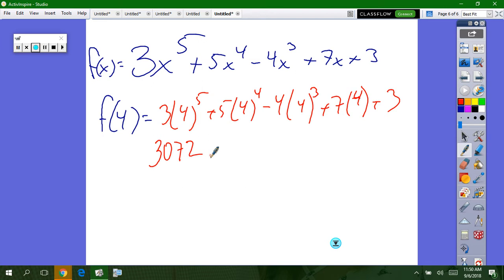I don't know why I'm struggling. 1280. That right there is just 256. That's just 28 plus 3. What does that come out to be when you add it all up?